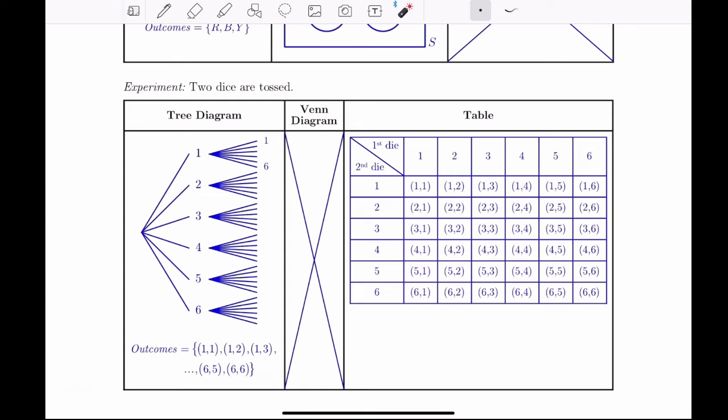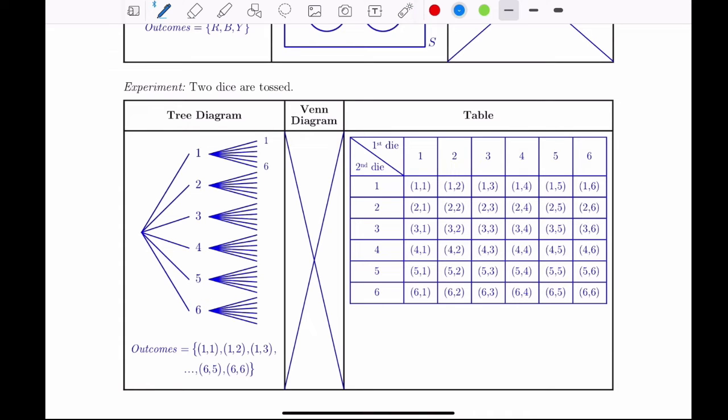Okay, so another experiment to look at, 2 dice are tossed. When we toss a die, we know we're going to have 6 possible outcomes, 1, 2, 3, 4, 5, 6. But since we have 2 dice to be tossed, we're going to consider the first toss and we're going to consider the second toss.